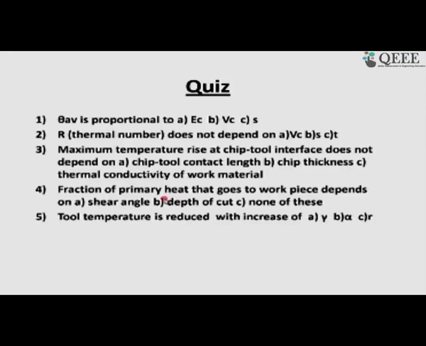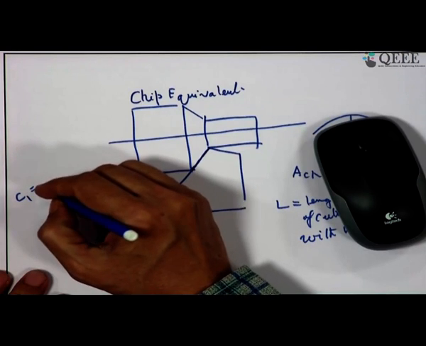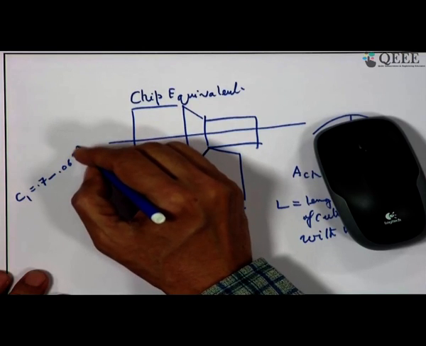Then fraction of primary heat that goes to the workpiece depends on shear angle, depth of cut or none of this. Primary heat that goes to the workpiece depends upon the shear angle, because if you have seen the formula, that portion is given by 0.7 into 0.06 or tan beta.